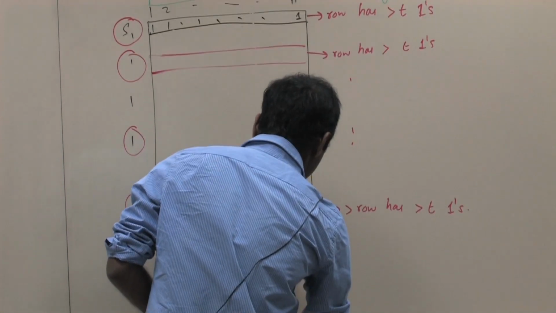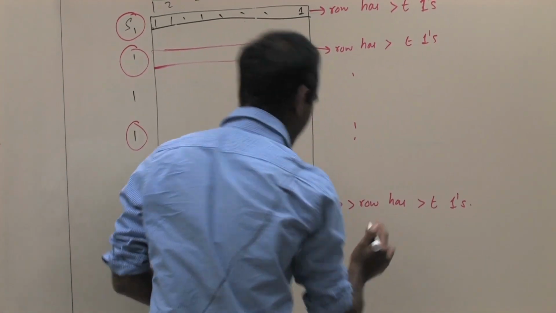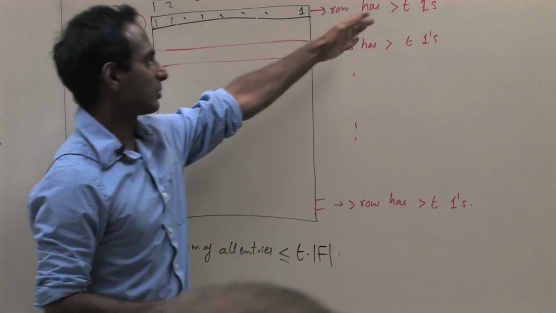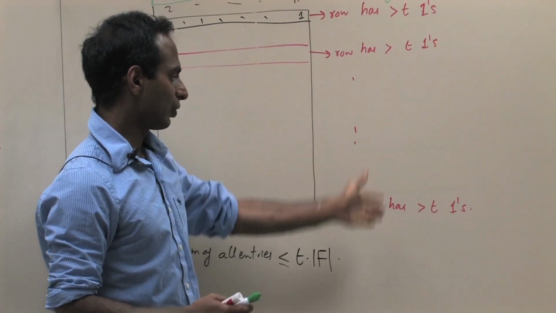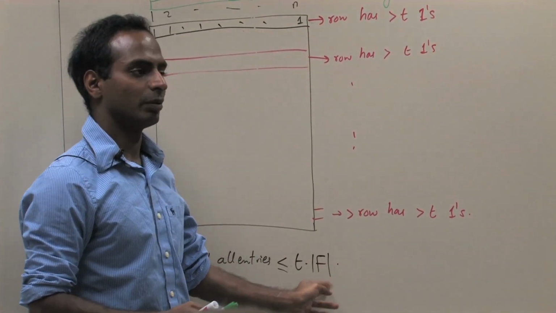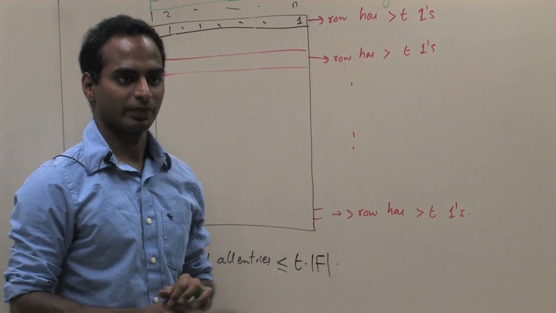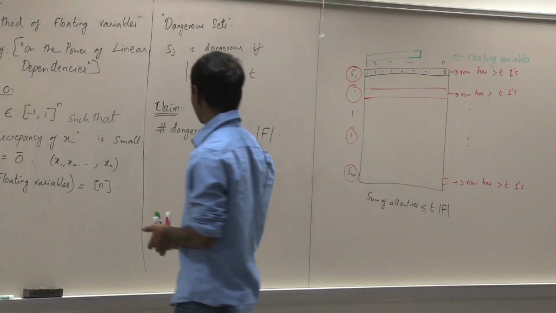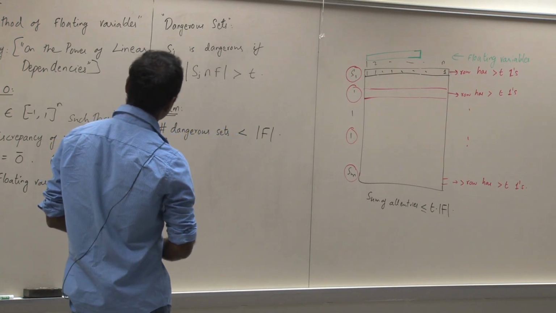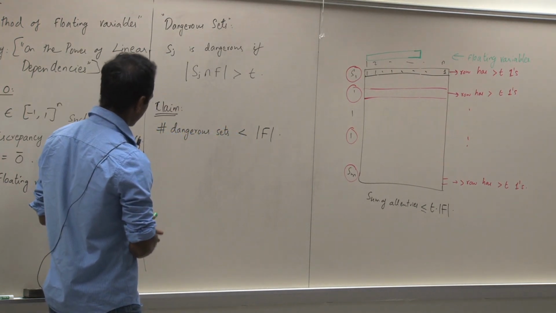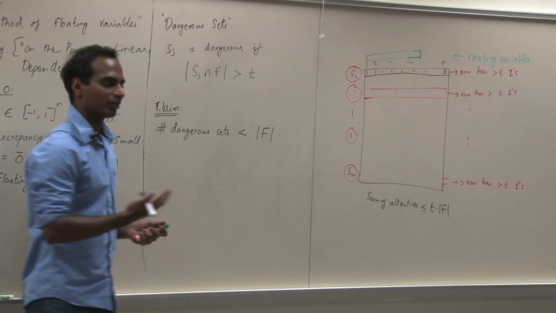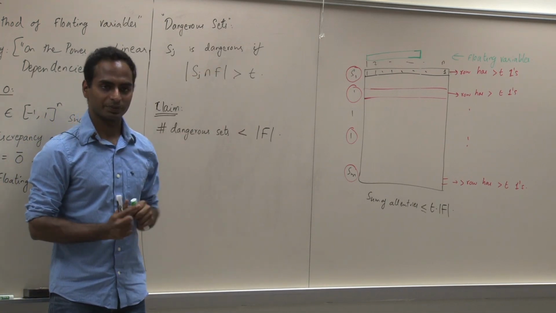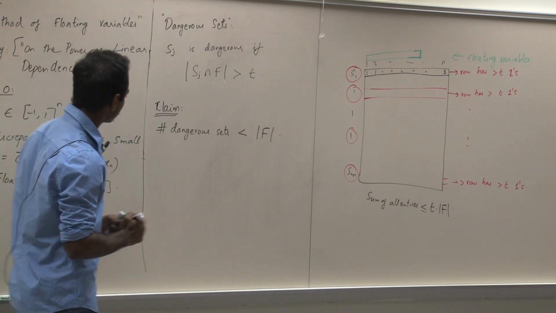Okay, and since each row has more than t ones, the number of rows should be less than the number of floating variables. Okay, so this is simple double counting. And so this is an invariant, meaning it's true for every set of floating variables, and we'll maintain this throughout.